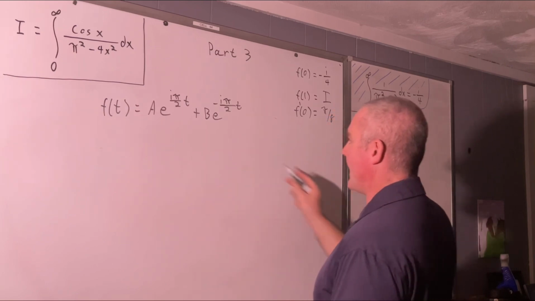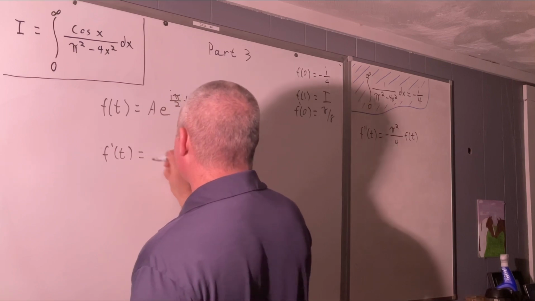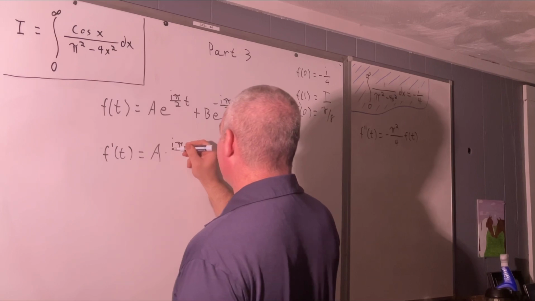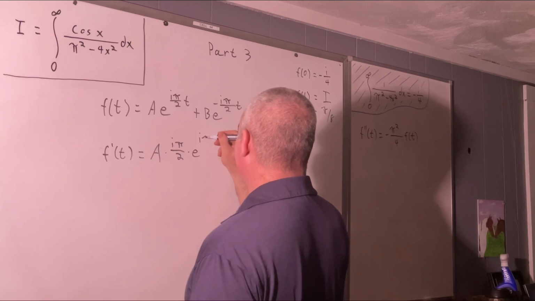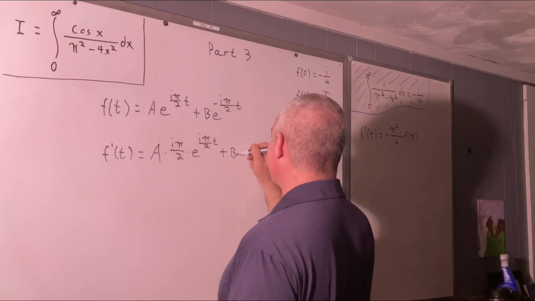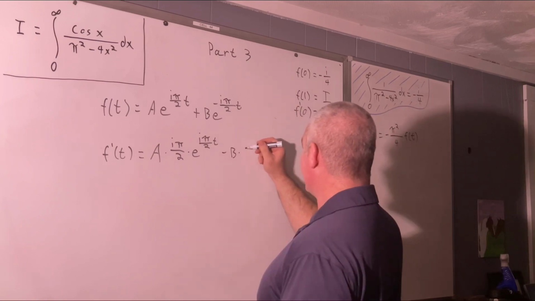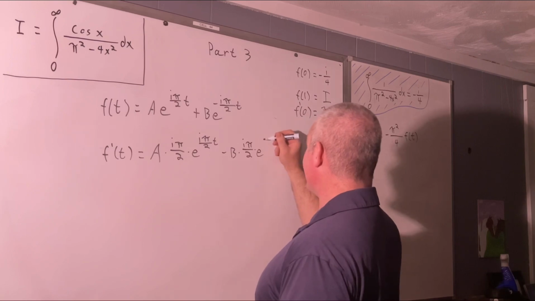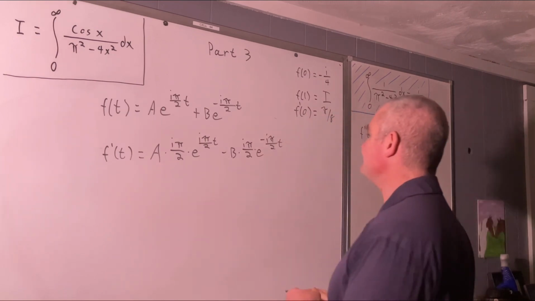So let's find f prime of t. f prime of t is going to be equal to a times i pi over 2 times e to the i pi over 2 t, minus b times i pi over 2 times e to the negative i pi over 2 t, right?